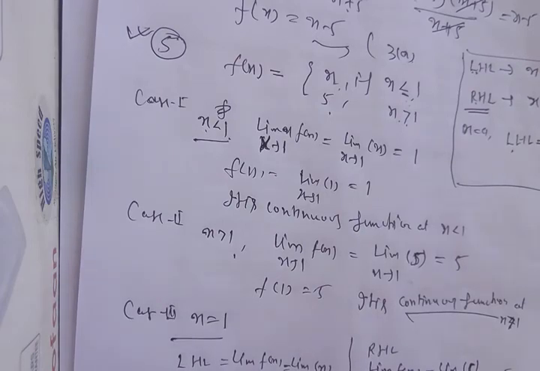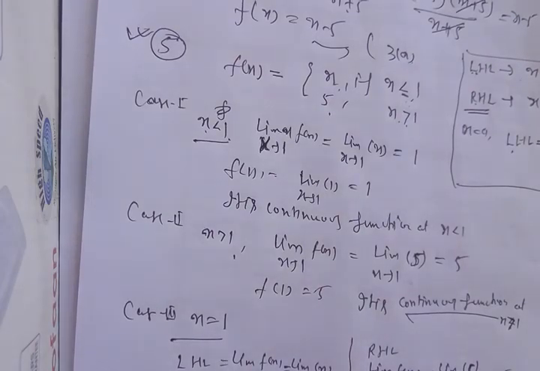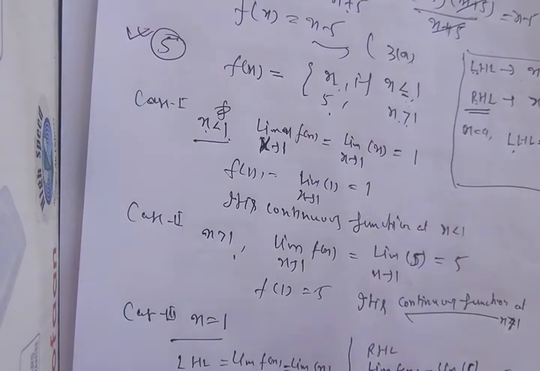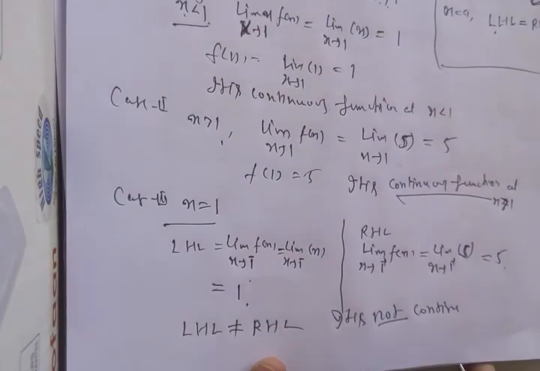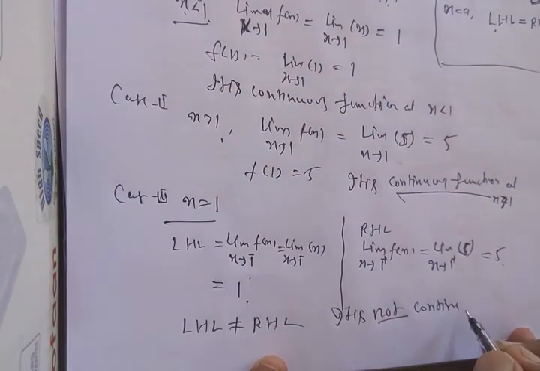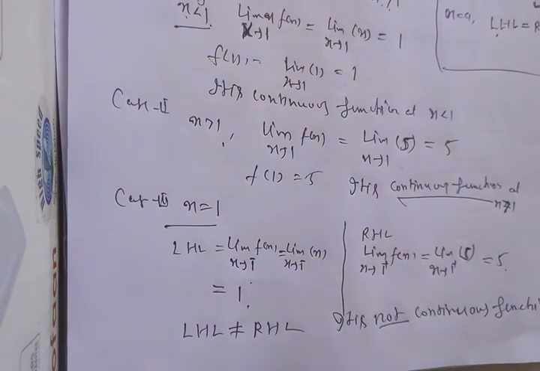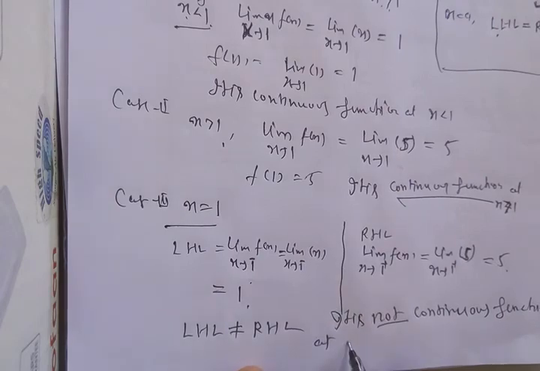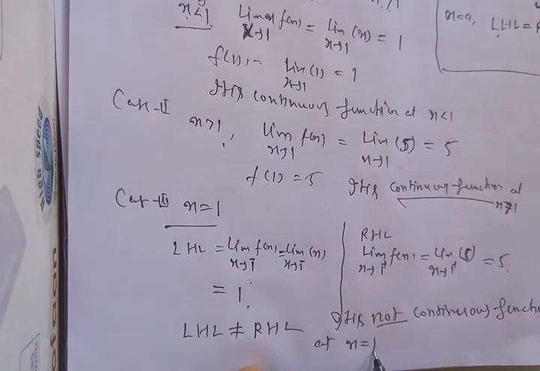Left hand limit is not equal to right hand limit, which means discontinuous. Clear? It is not continuous at x equal to 1.